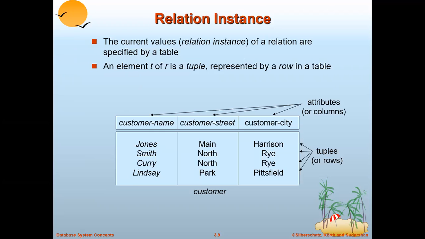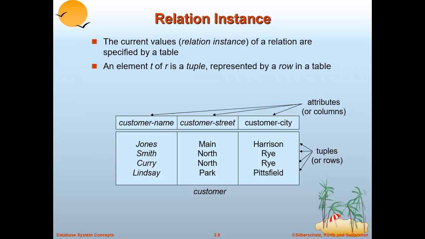Next is relation instance. The current values of a relation are specified by a table, and that is called a relation instance. An element t of r is a tuple and is represented by a row in a table.